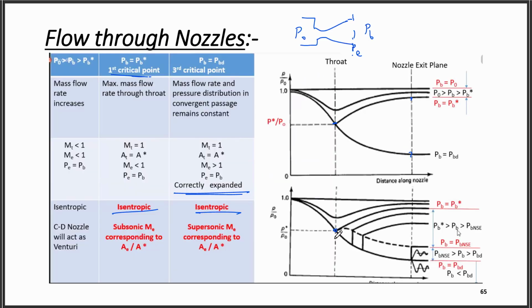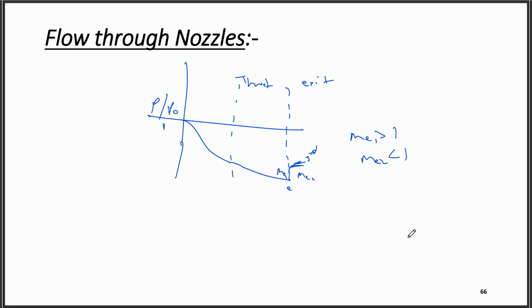Now, if we decrease the pressure below this third critical point, but more than the second critical point, the flow will be isentropic till the nozzle exit. After that, it is expanded more than required because pressure should increase to reach the back pressure. So there will be an oblique shock at the end, which will increase the pressure.